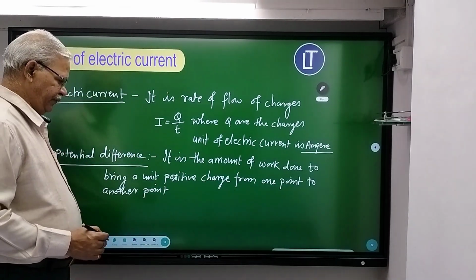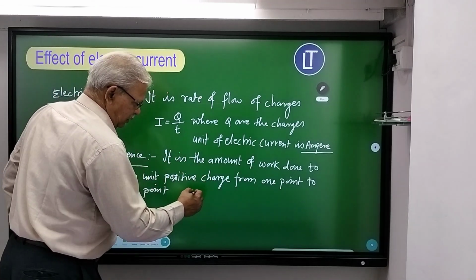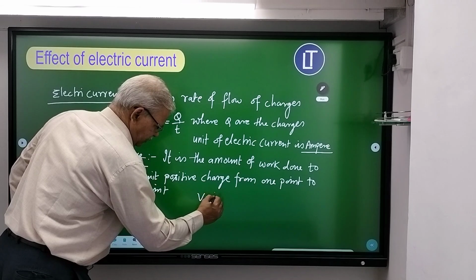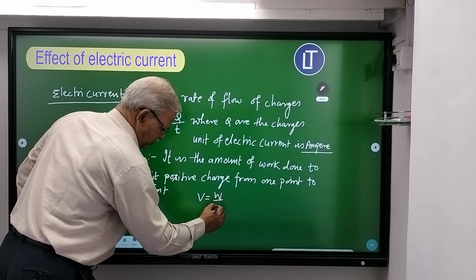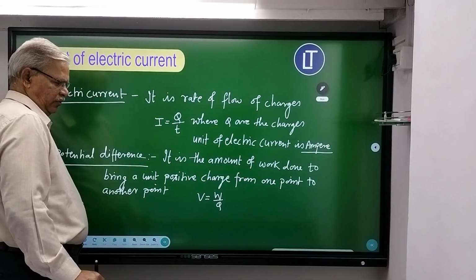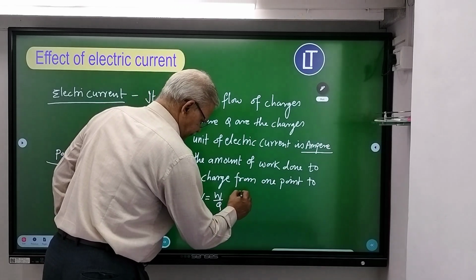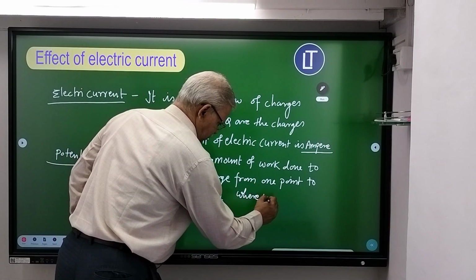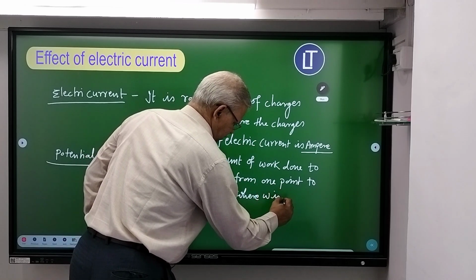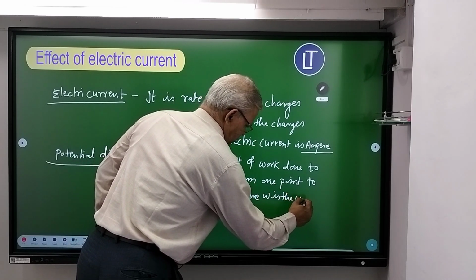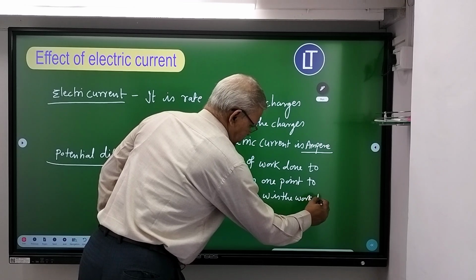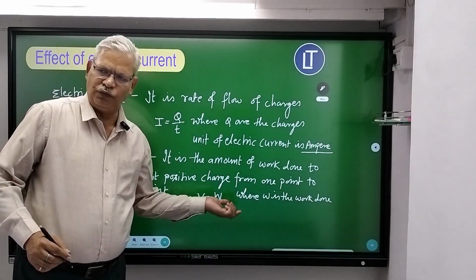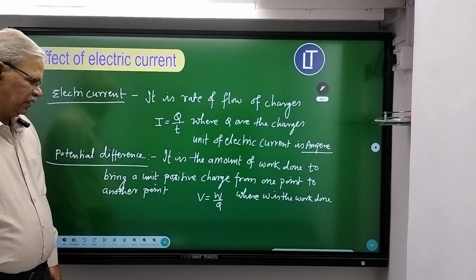As per the definition, the formula here, that is potential difference represented by V is equal to W upon Q, where W is the work done to bring a charge Q from one point to another point.